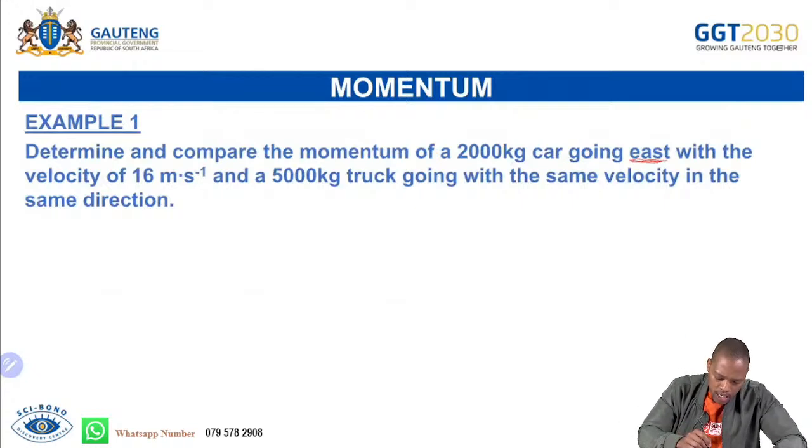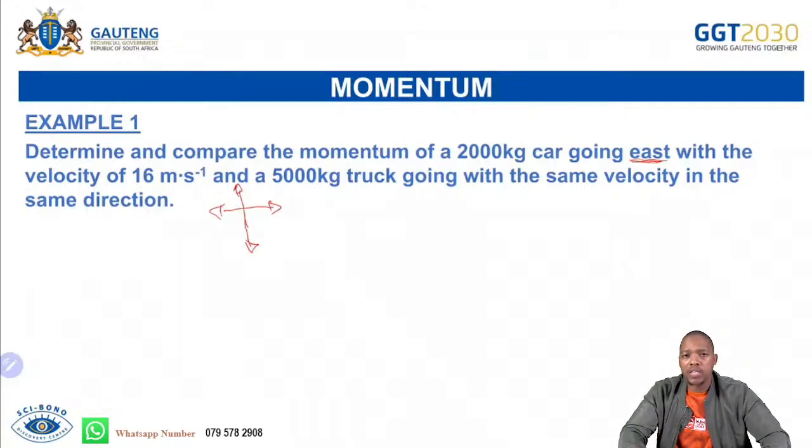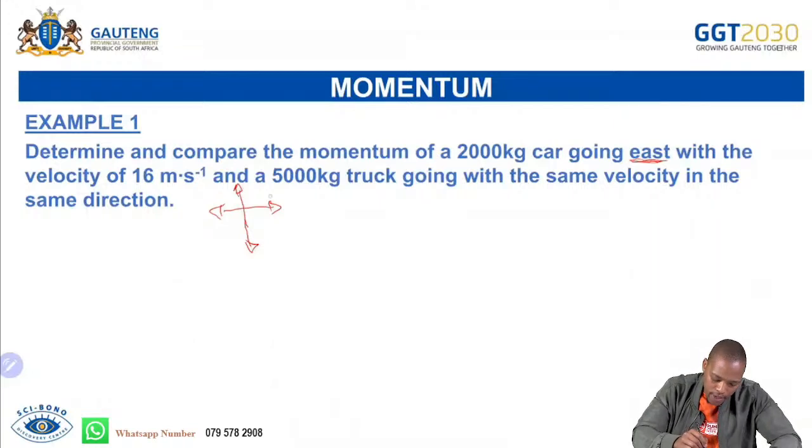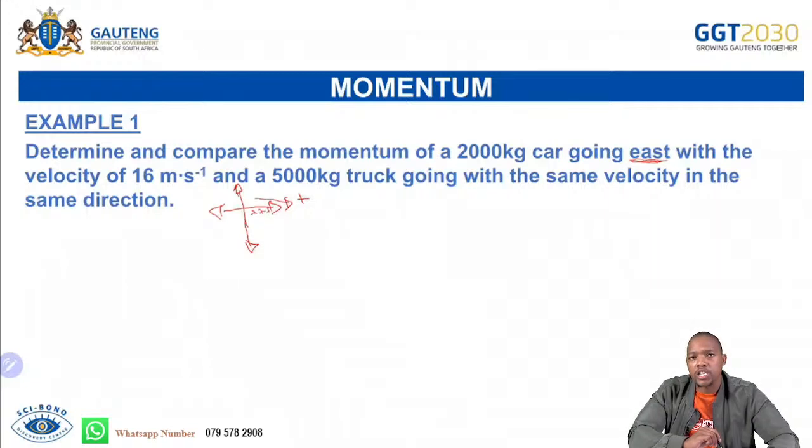Because everyone does maths at school, everyone has been doing maths from lower grades. Everyone knows the Cartesian plane. So what I always advise people to do is to assign direction based on the Cartesian plane. Whatever faces in this direction, to the right, must be positive, because in the Cartesian plane we have positive numbers in this direction.